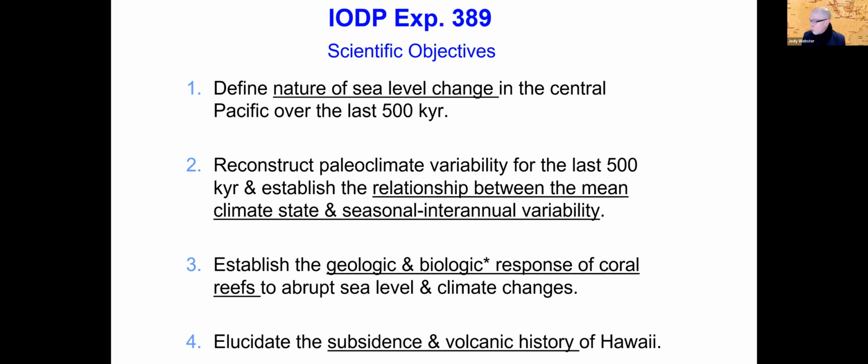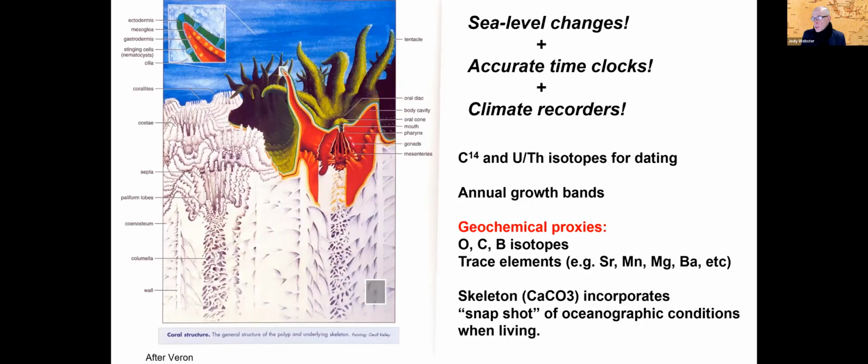So four main objectives. This is a slide that I like to show my first year students, which I think nicely illustrates how excellent corals and fossil coral reefs are at firstly reconstructing sea level changes, in part because we can date them with a range of different techniques, C14 and uranium-thorium isotopes in this case, back to the 500,000 years.